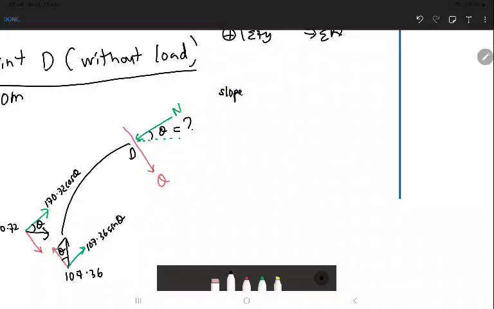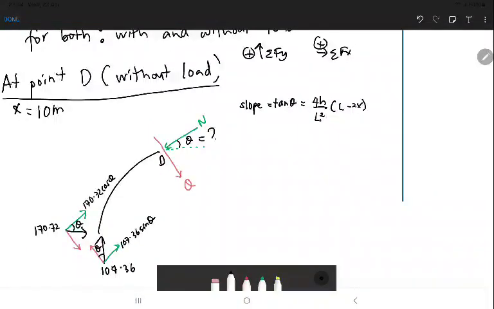slope is equal to tan theta is equal to 4h over L squared, times L minus 2x. Okay, so you get tan theta is equal to 4, h is equal to 15 meter, L is equal to 60 meter, 60 minus 2x.